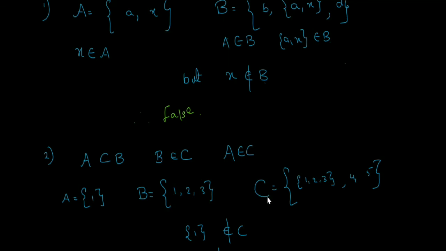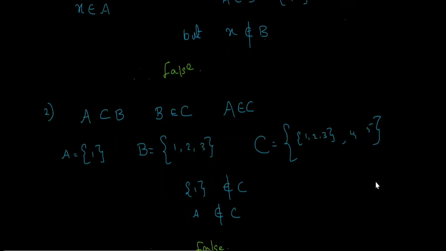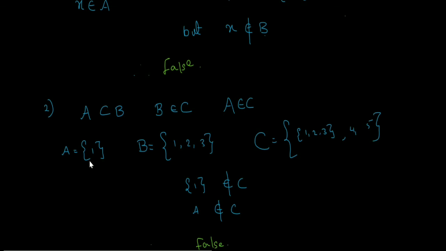B belongs to C. The set B is present in set C. That means the set B, as an individual element, is there in set C. So I have defined a set C as {1, 2, 3, 4, 5}. Now the question is, set A: is it necessary that the set A should be here?